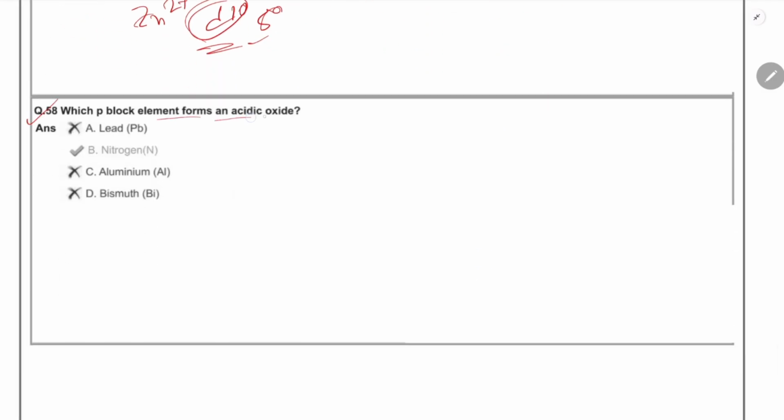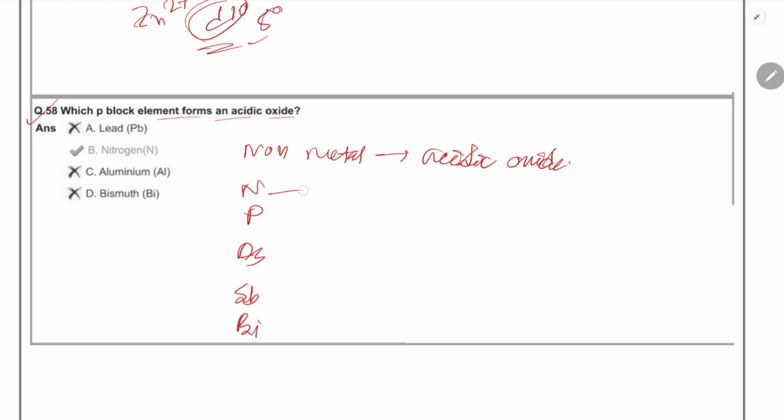Which of the p block elements forms an acidic oxide? So basically non-metals will form the acidic oxide. So in the nitrogen family, nitrogen is non-metal.